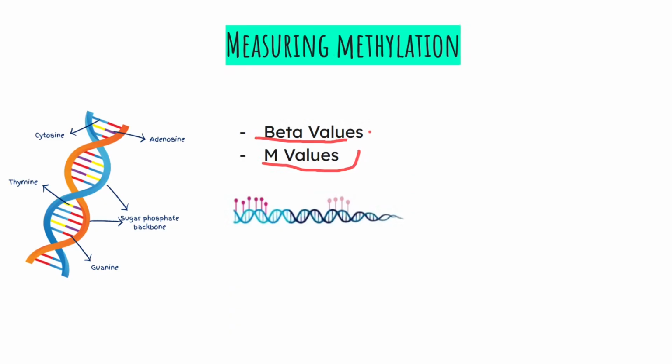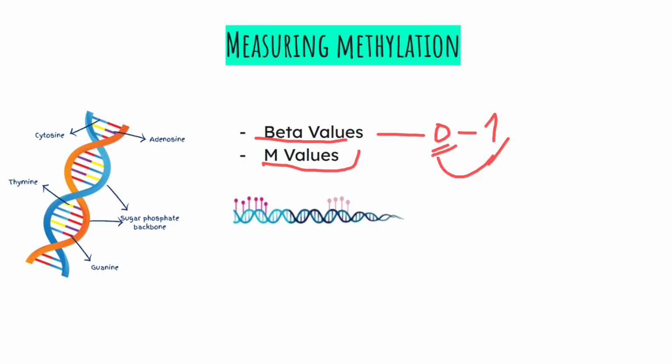So beta values are generally between 0 and 1, where a beta value of 0 simply means that that site is unmethylated, and 1 means it's fully methylated. And obviously values between 0 and 1 show the degree to which it's methylated.